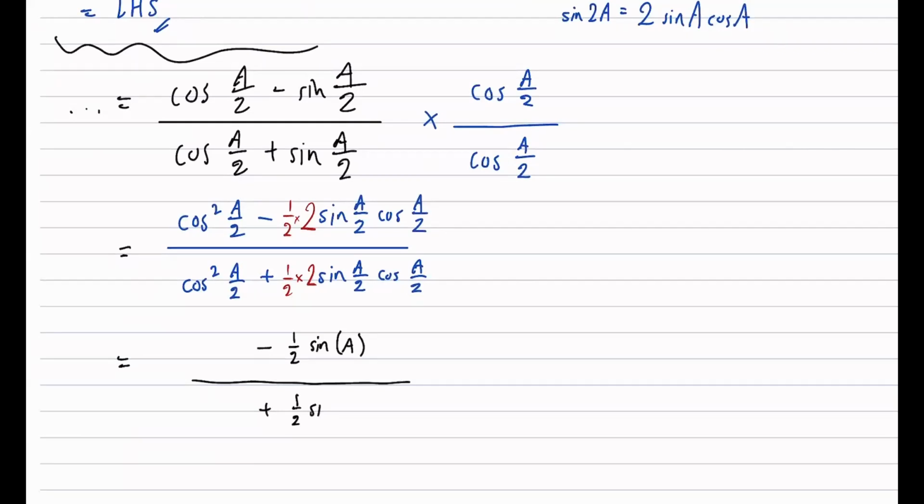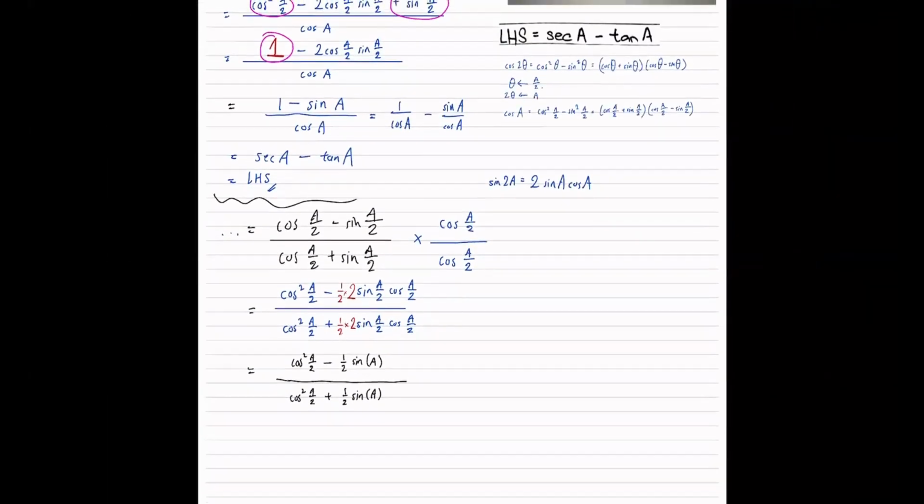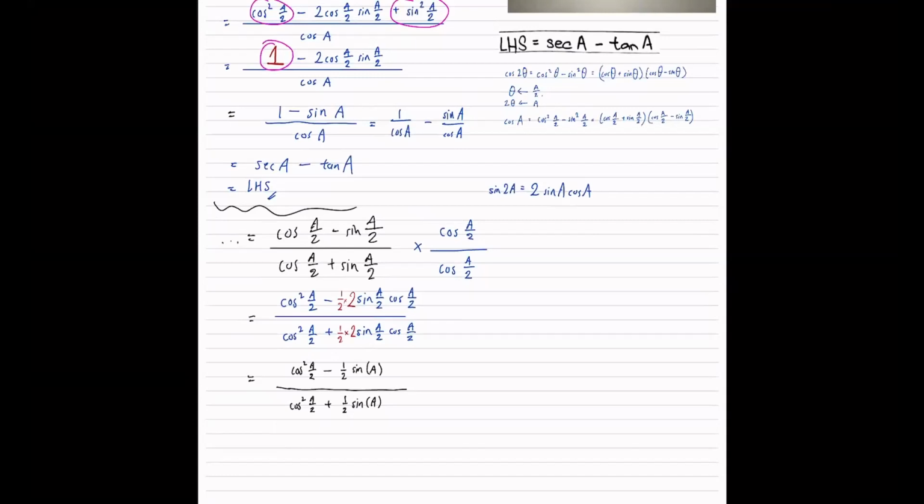Is that useful? I don't know. Okay, that might be quite useless. It doesn't lead to anything because we still have cosine square A over 2, which is not good.